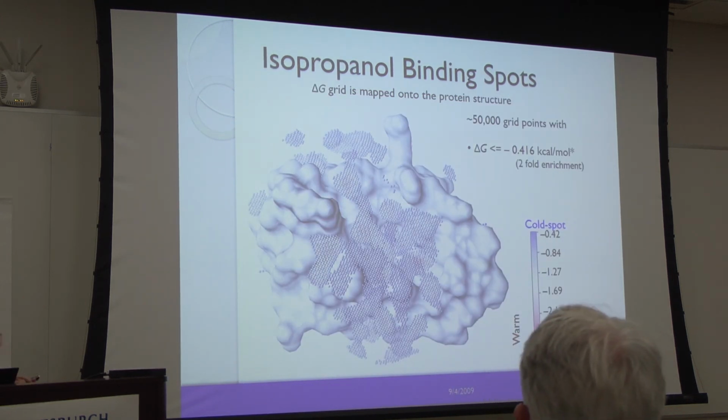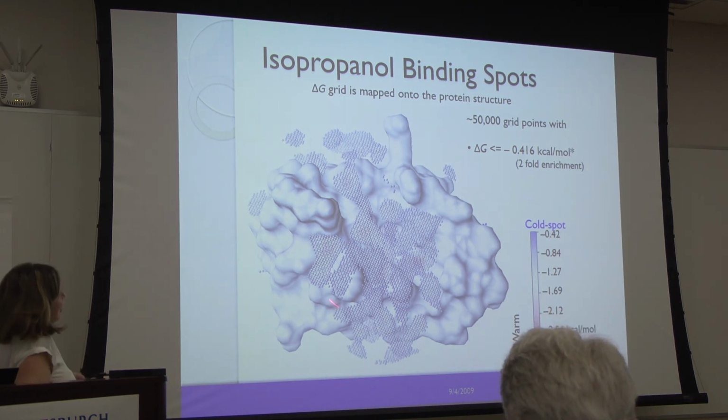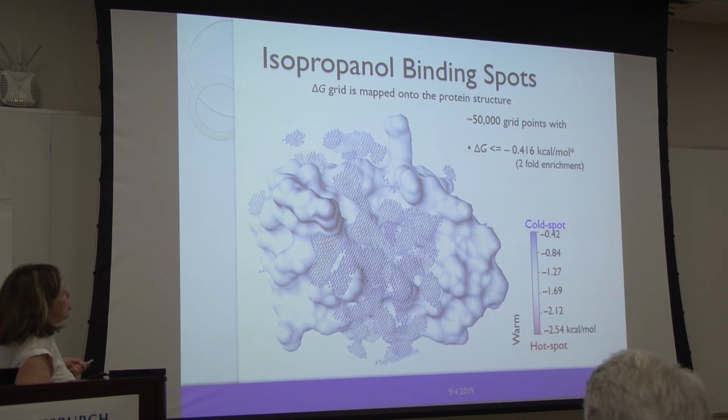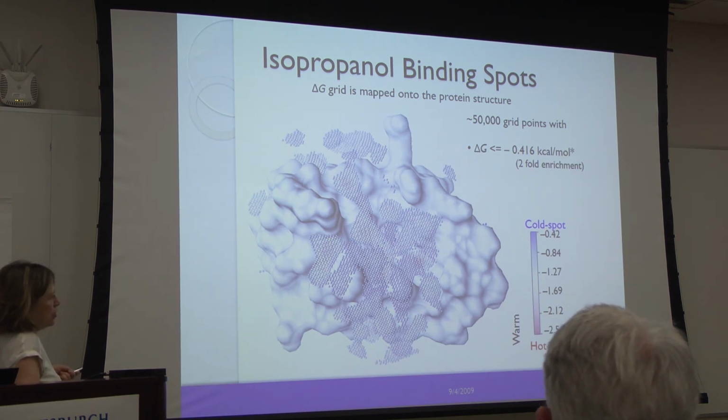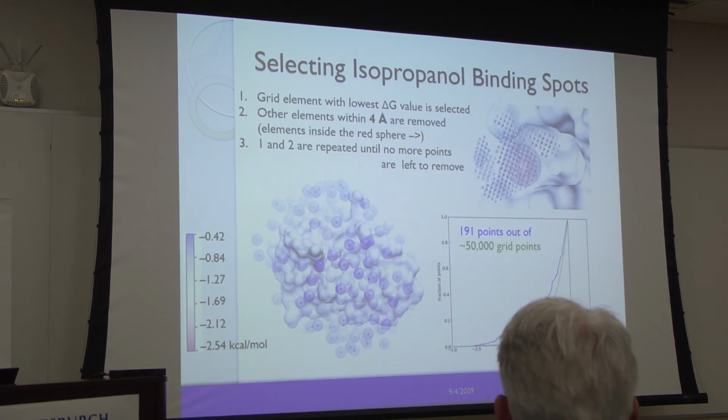So here are a few more details. You could identify a very large cloud, a very broad region, and then we can color code them based on whether it's a cold spot or a hot spot. Hot spot means the energy of interaction is very favorable. That's what you can obtain.